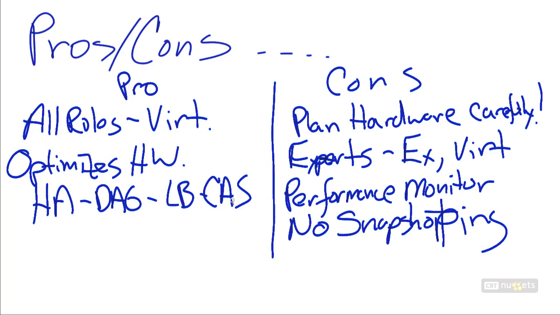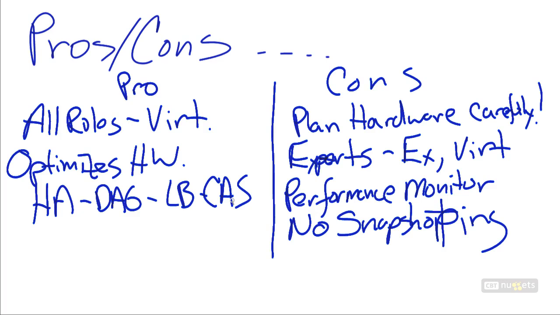Now, there are some issues we want to talk about with this, some things we want to watch out for. One of my favorite things is when everybody puts load balanced CAS servers all on the same host. Think that through for a second. If they lose one of the CAS boxes, they're good, but if they lose the entire host, oops. So there are a few things we want to think through that don't necessarily come to mind right away.